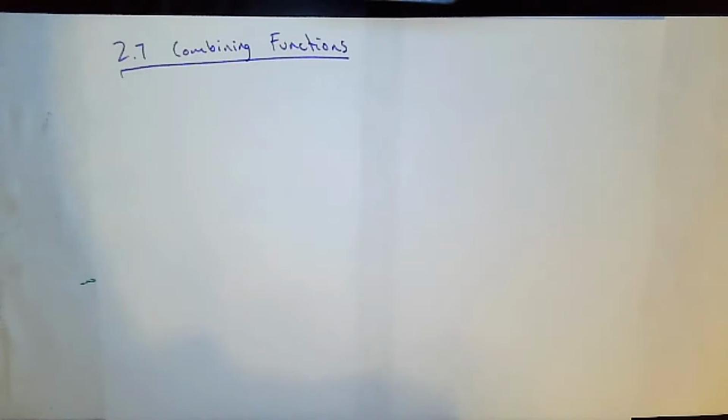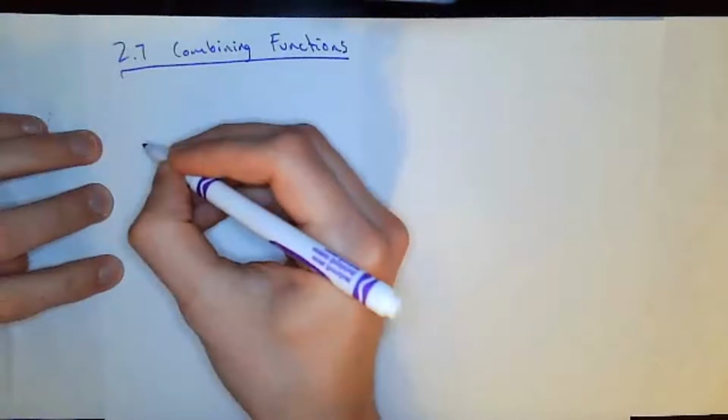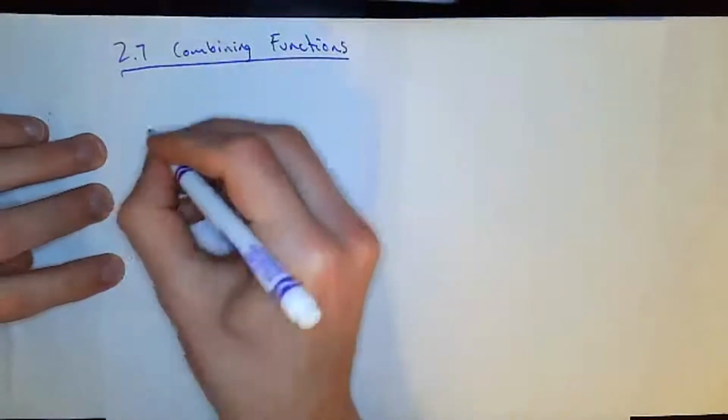Okay, 2.7, combining functions. Let's talk about the first four operations real quick about how we combine functions, and it's going to be exactly what you think it would be.